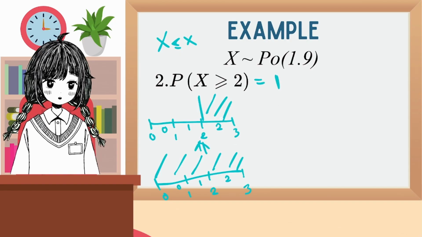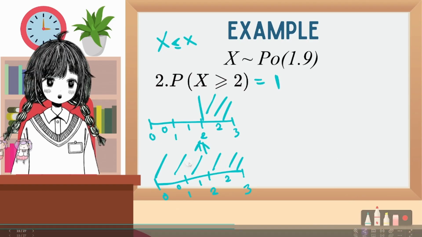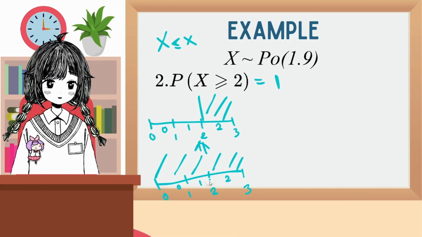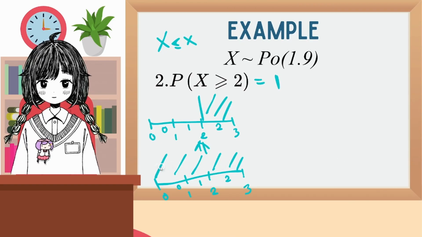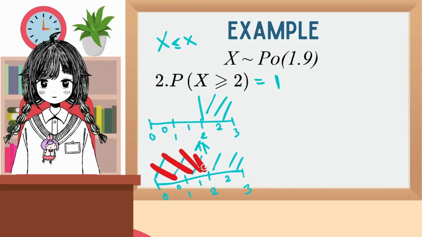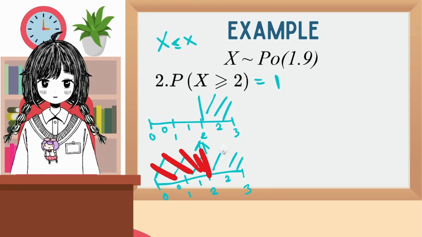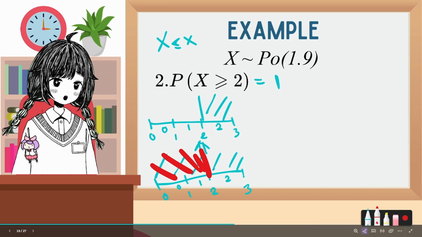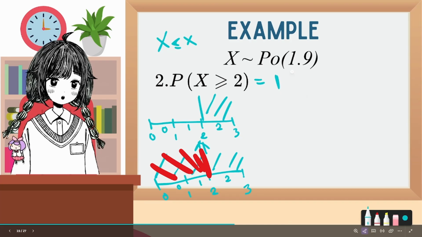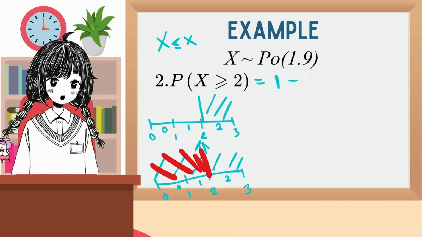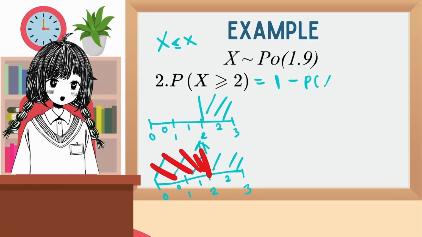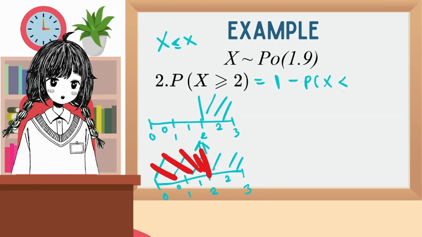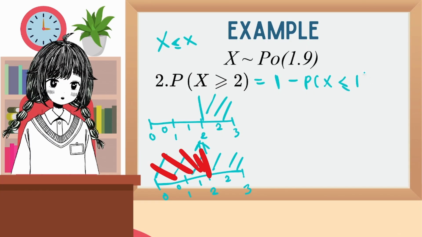So next, we do the removing. We remove under 2. In our calculation, it becomes minus P(X less than or equal to 1).